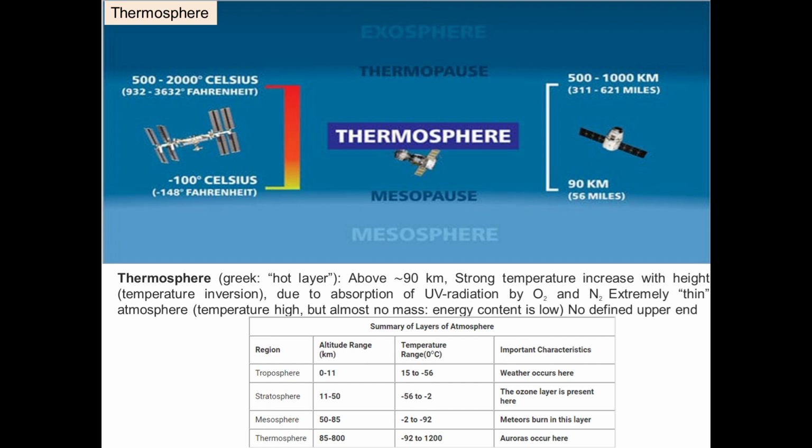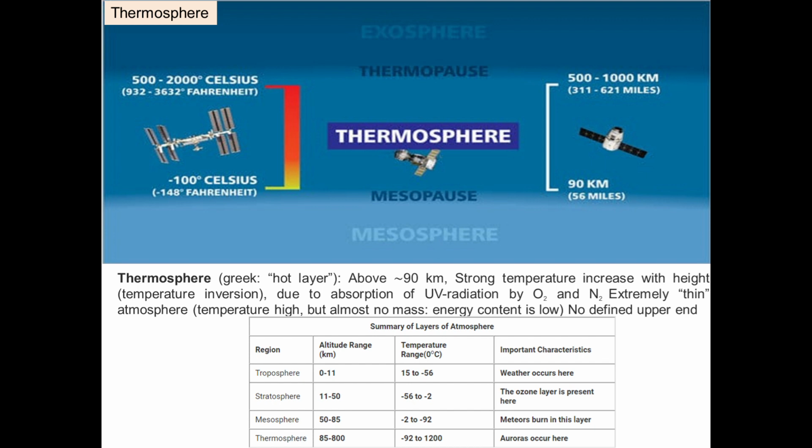Strong temperature increase with height due to absorption of ultraviolet radiation by oxygen and nitrogen. Extremely thin atmosphere. Temperature high but almost no mass. Energy content is low. Okay, no defined upper end. It does not have any defined upper end.